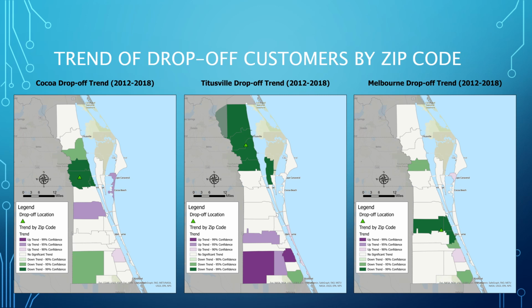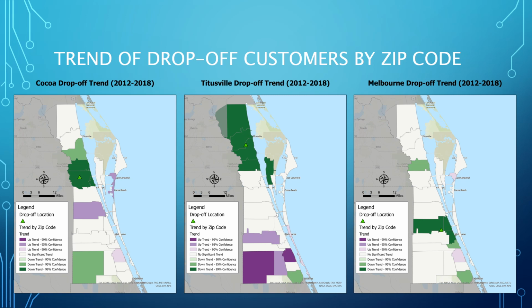Next we are going to show you the trend of drop-off customers by zip code. The trend means either up or down. The color shown here for each drop-off location tells you if they are downtrends or uptrends. The green color means downtrend, and the purple color means uptrend.